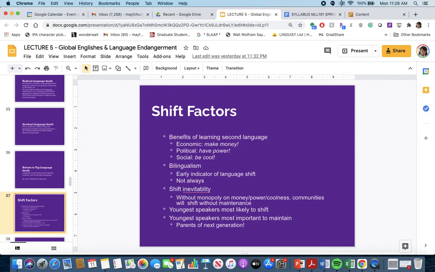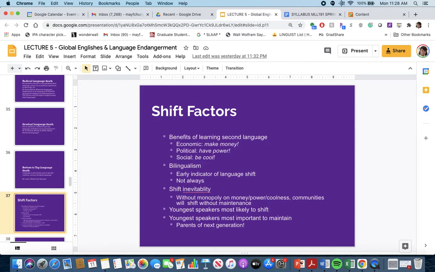Or it could have some social benefits. A lot of people learn French, or say they're learning French, because it sounds cool, right? They want to go to Paris and speak to native French speakers, right? So it's a cool language. And this is, of course, socially derived. It's nothing about French linguistically that makes it cool. I think all languages are cool linguistically.